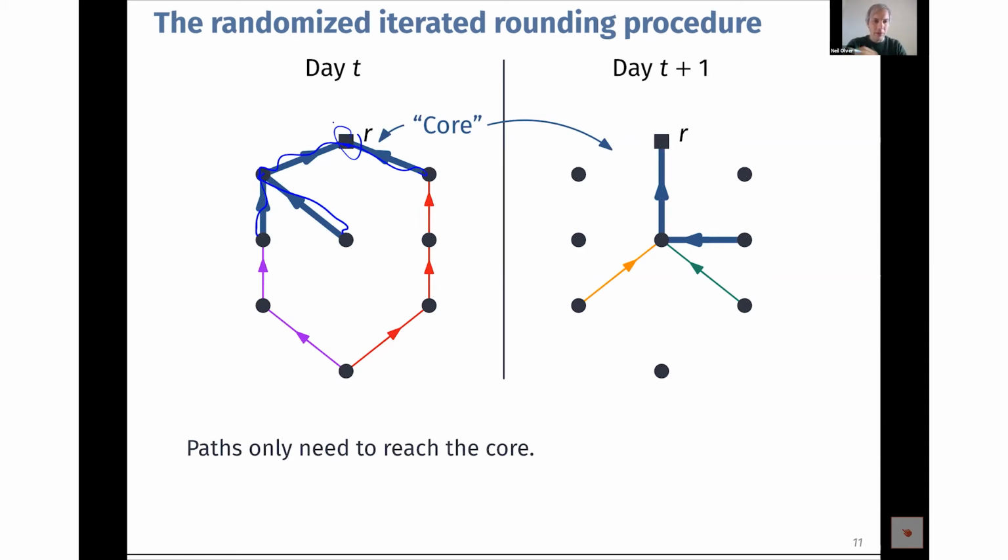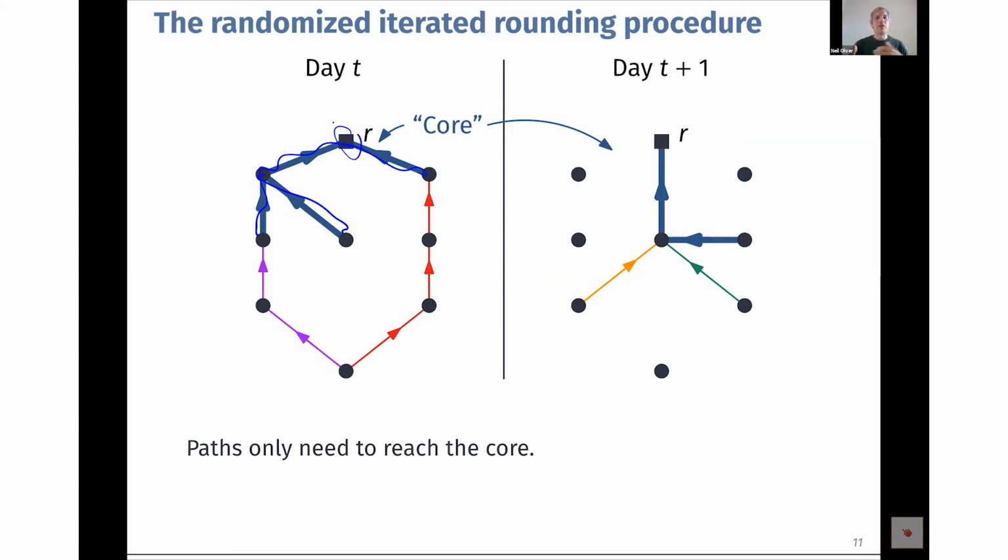Everyone in that subtree is visited on that day and is fully paid for in the integral part of the solution. And then we still have the fractional part, which are these paths. But these paths don't have to go all the way to the root anymore. They just need to reach the core. Once they reach the core, they can stop. We just need to pay for that part.